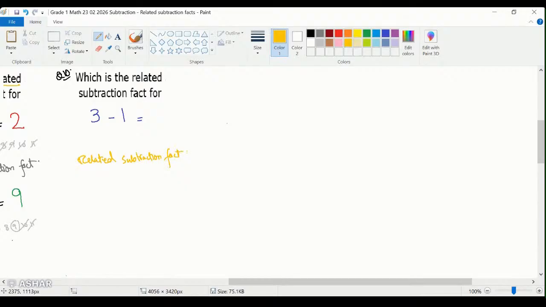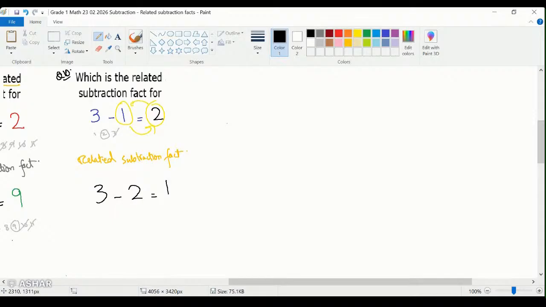Okay, 3 minus 1 should be, if we have three numbers, 1, 2, and 3, if we subtract 1, we are left with a 2. That means all we need to do is replace these two numbers, interchange their positions. Whenever we are doing related subtraction fact, we swap the position of numbers and we get the answer.